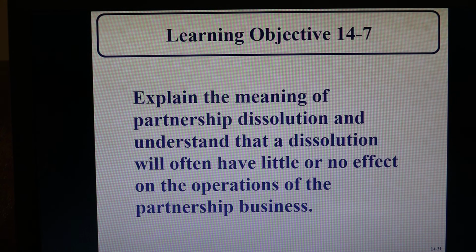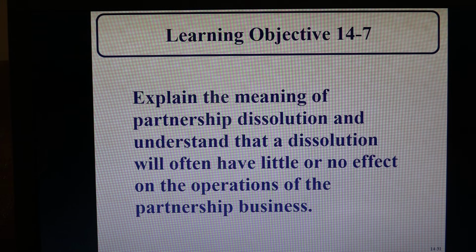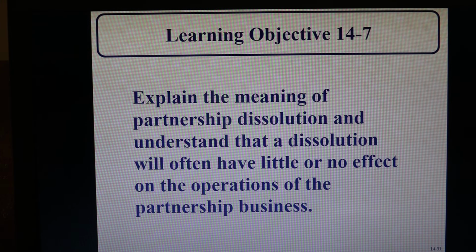It's a wholly new example, by the way. And so you've got Weber and Rice forming a partnership.